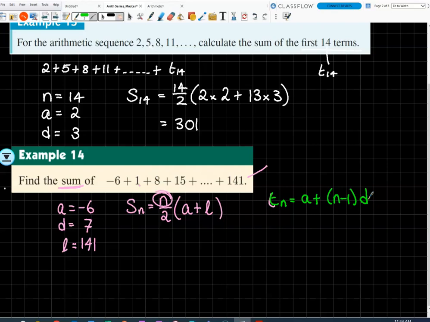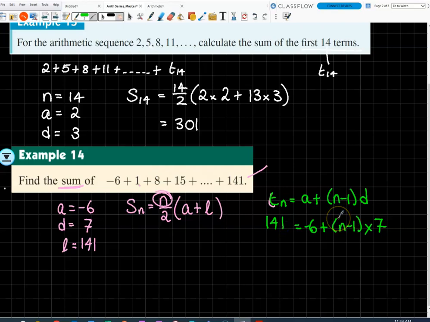Because we know the A, that's -6. We do not know the N. We know the D is 7. But we have this term and we know that it is 141. We have a term, and what we're going to do is we're going to use this.